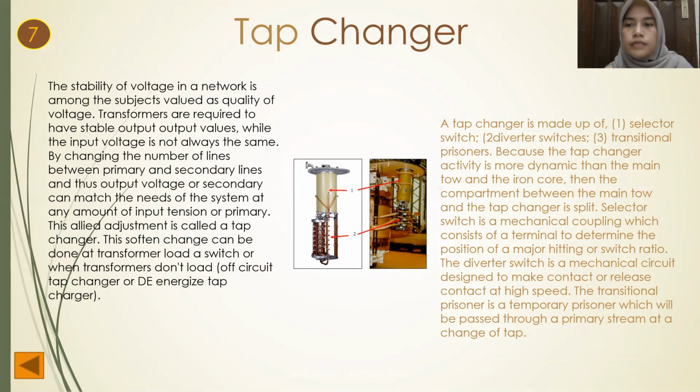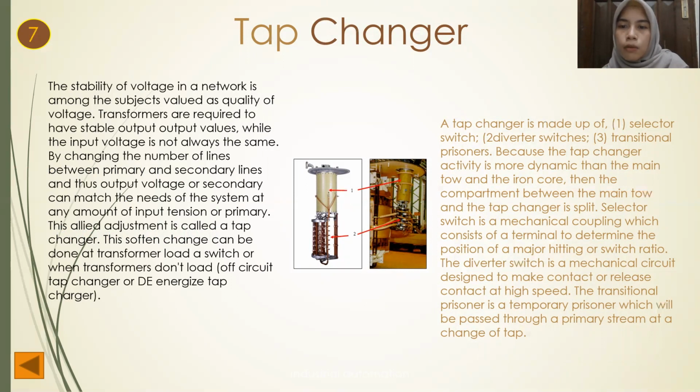A tap changer is made up of one selector switch, two diverter switches, and three transitional resistors, because the tap changer activity is more dynamic than the main tank and the iron core.